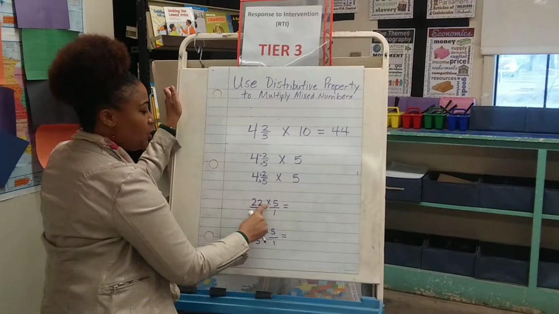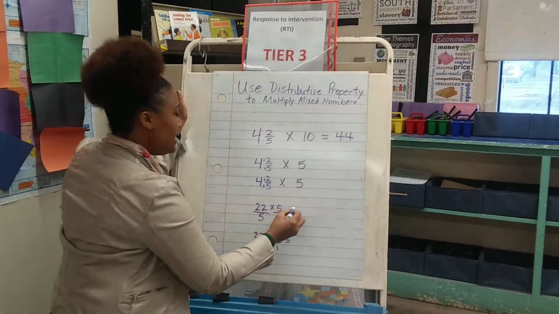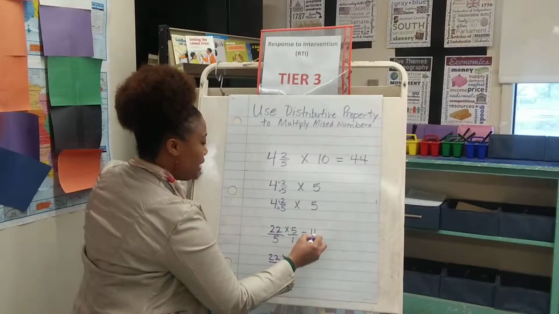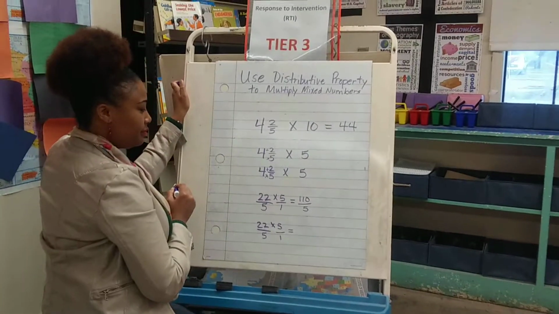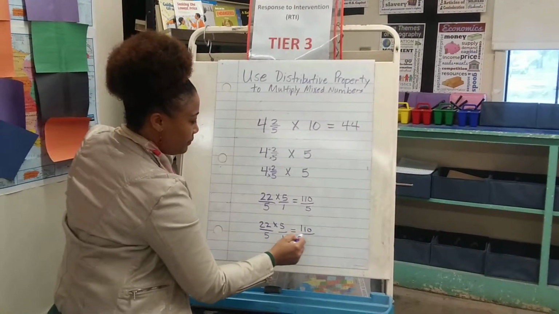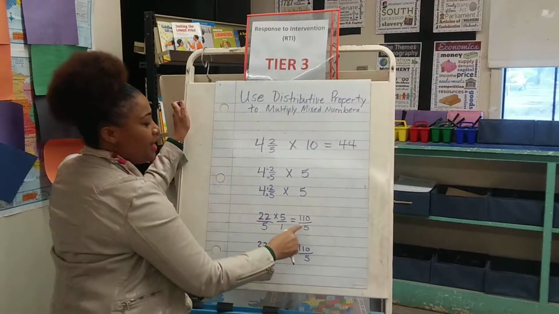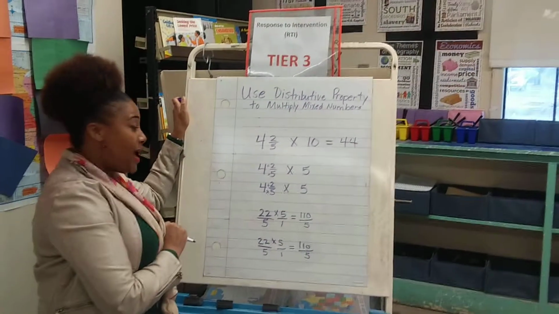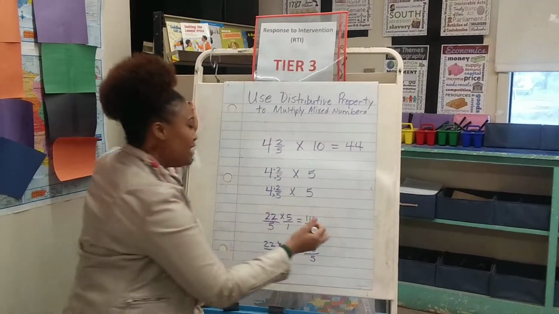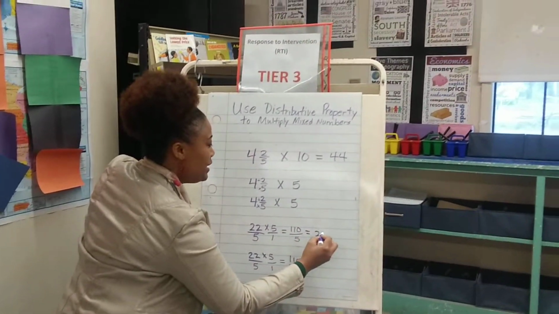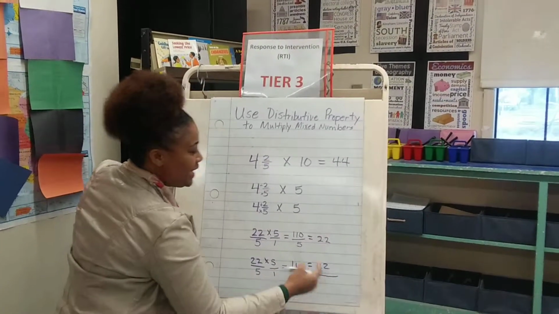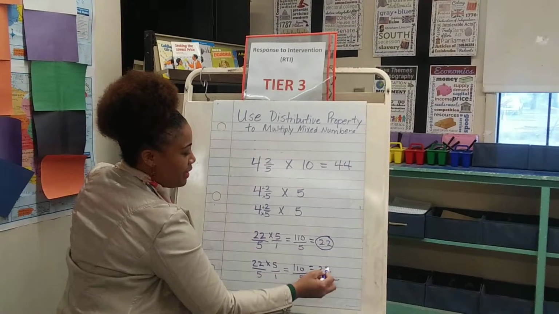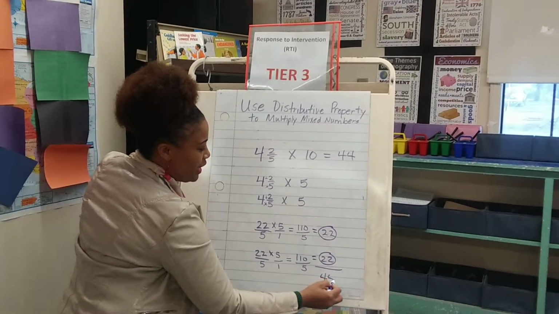All right. 22 times 5 is 110. Same here. Okay. What's 110 divided by 5? It gives us 22. And again, 22 plus 22 is 44.